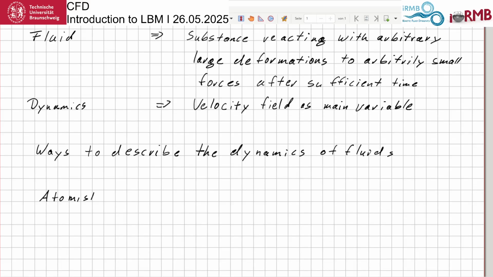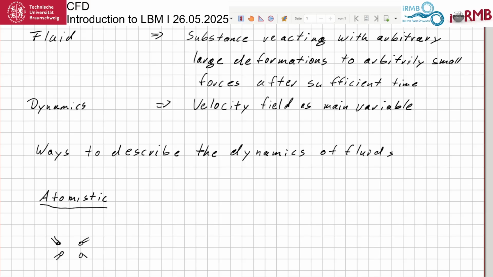There is, of course, the atomistic picture of the world. In the atomistic picture of the world, you could say there are molecules or atoms that are flying about.